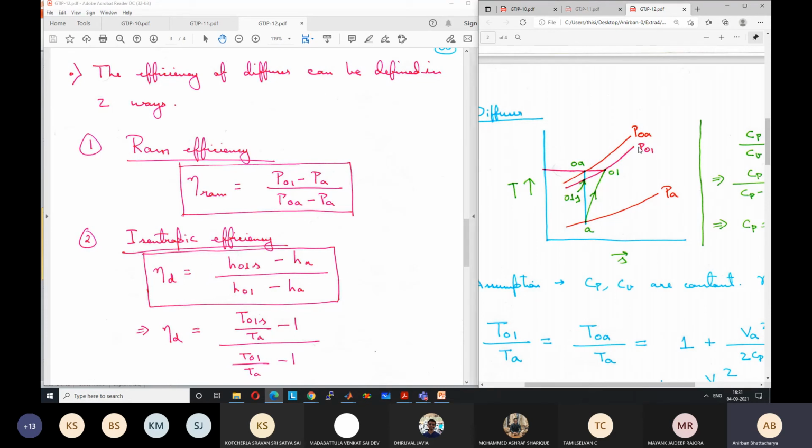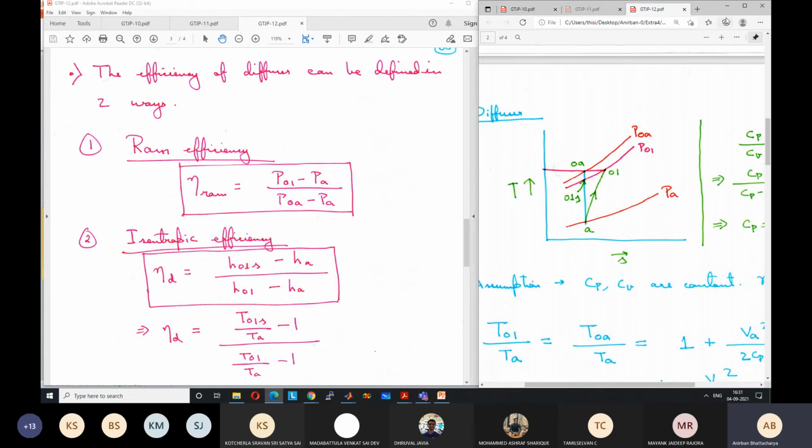Is it clear how it is defined? It is defined in an artificial way, as if the constant pressure line is extended and meets the isentropic process at a point, and we call this point 01s. Then the definition of isentropic efficiency is H01s minus HA by H01 minus HA.